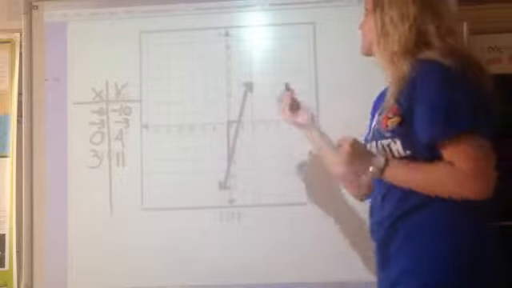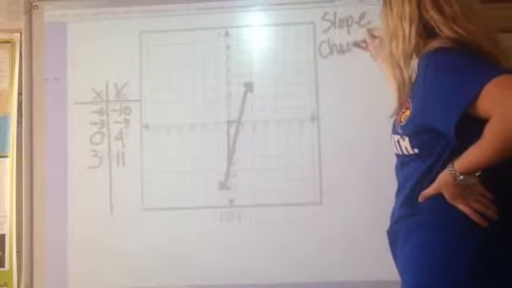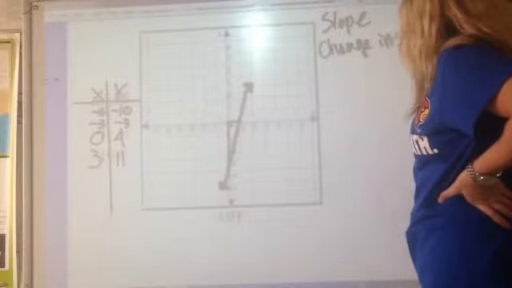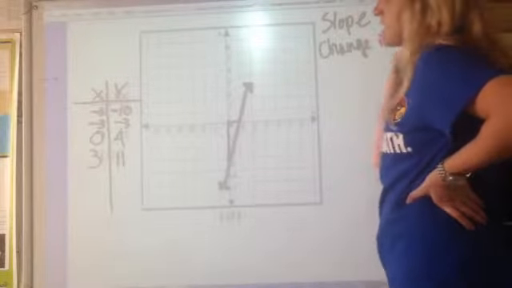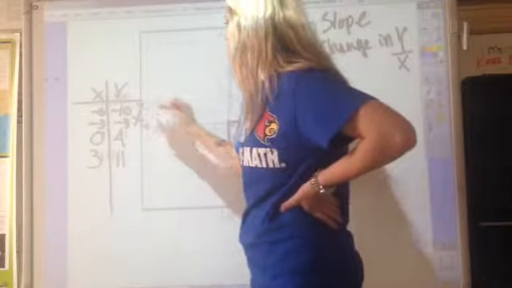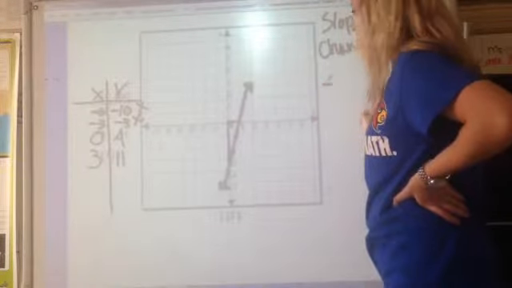of my table. And again, of course, when I'm finding slope, I'm interested in change in y over change in x. So I'm going to take my first two values from my y column, and I'm going to go ahead and subtract them.